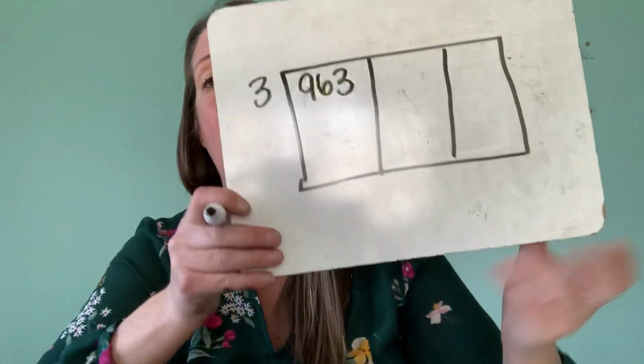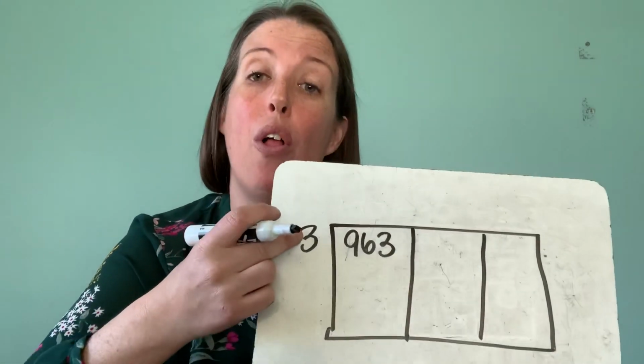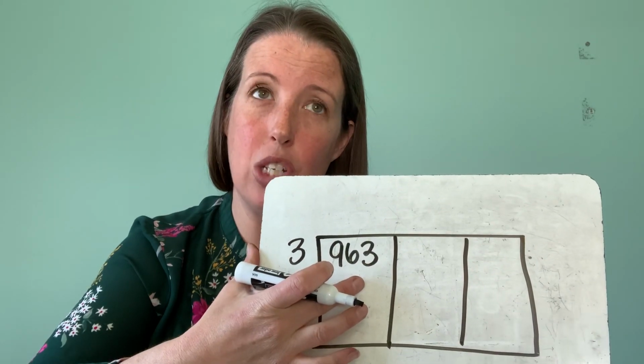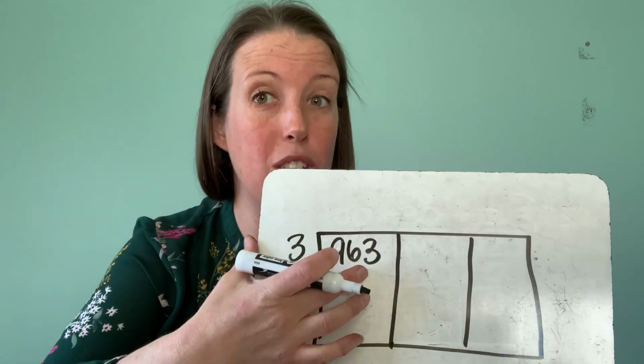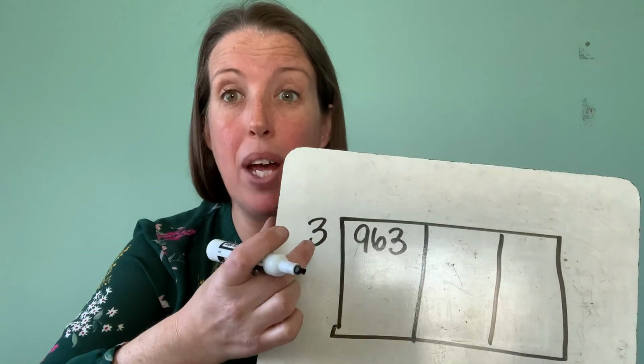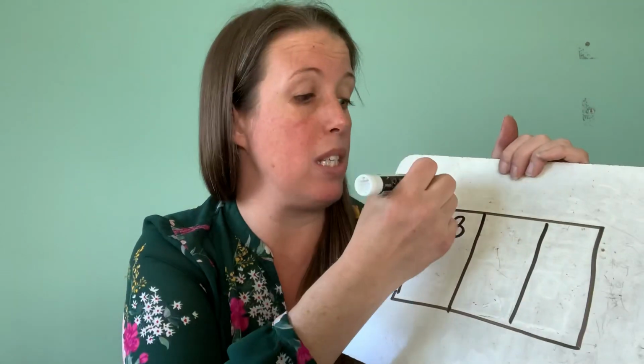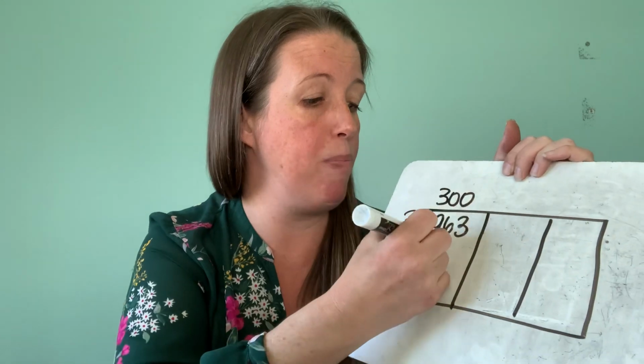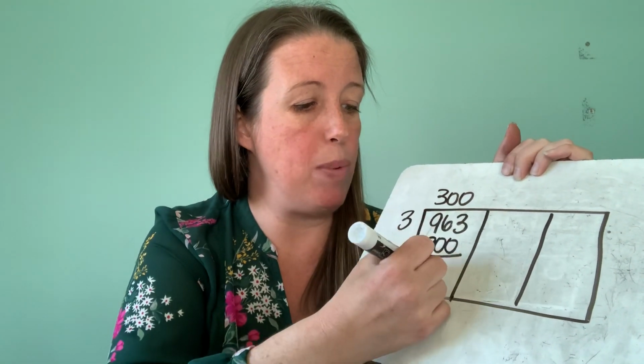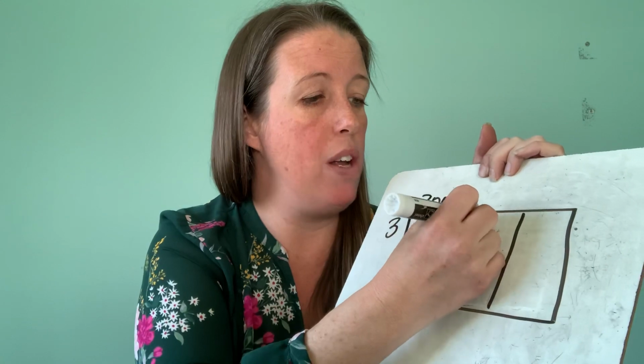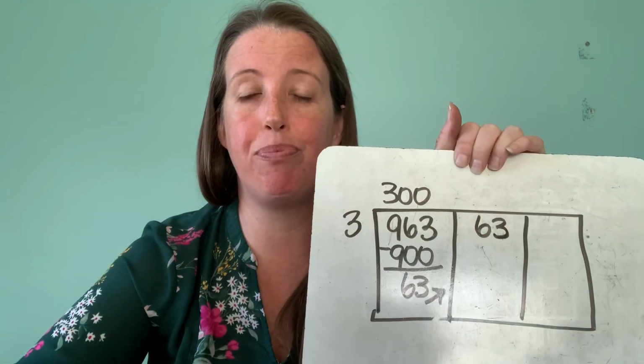And we'll do one more using the area model. Let's do that 963 divided by 3 one. So first up, I'm going to think about my hundreds. 3 times 100 is 300, but 3 times 200 gets me even closer to 600. And guess what? 3 times 300 brings me to 900. So I'm going to use that. And then I'm going to be left with 63, which I want to move over to my tens column.